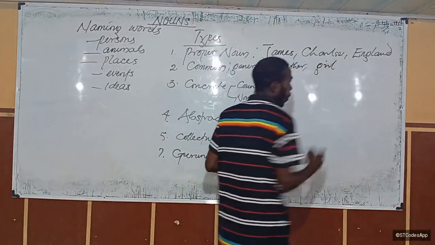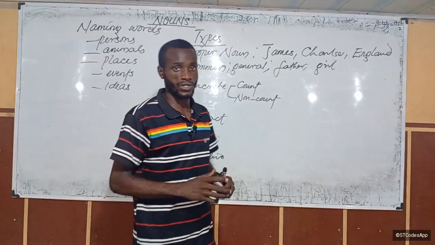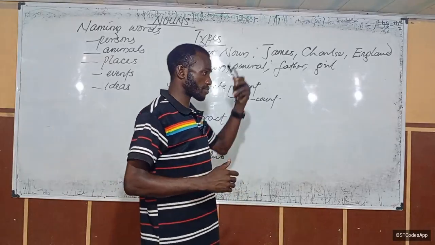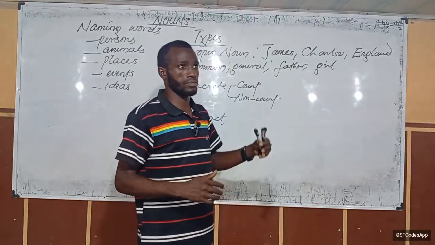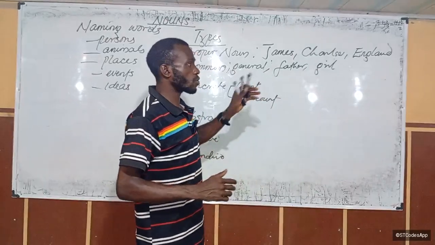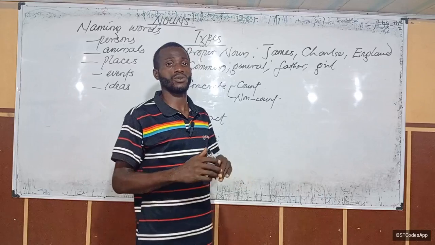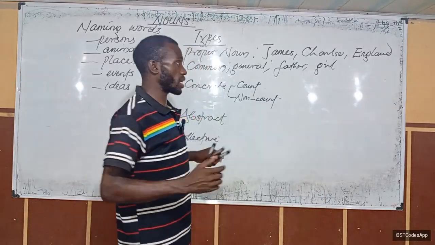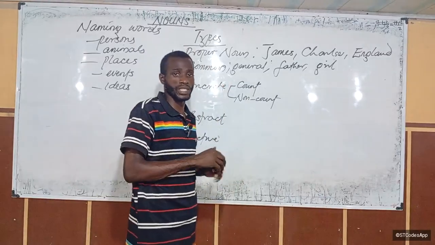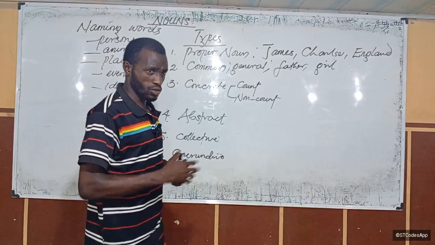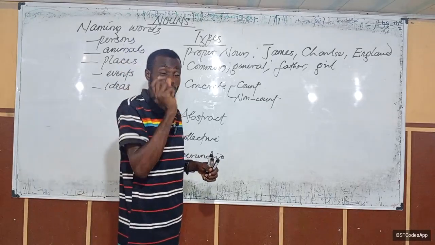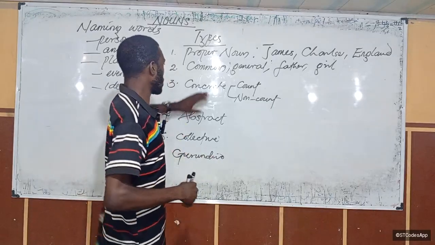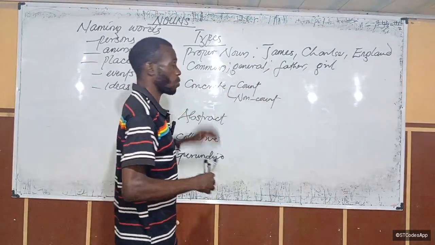So all of these are common nouns. They are general names that you apply to a doctor, teacher. All of those names are not peculiar or exclusive to a particular person. So those are general names, those are common nouns.